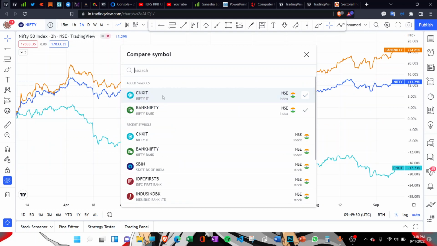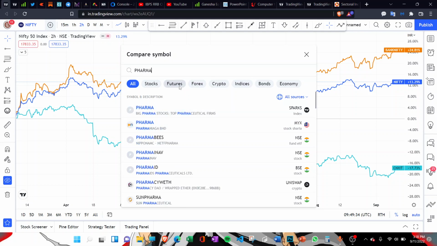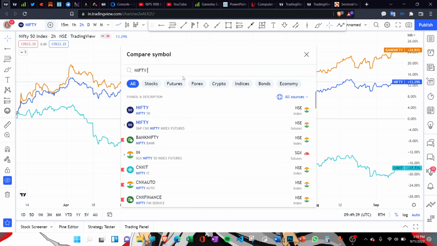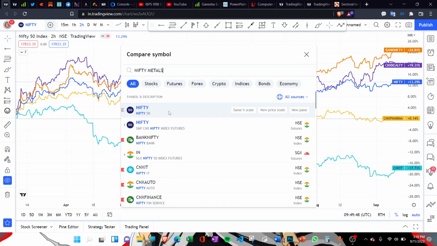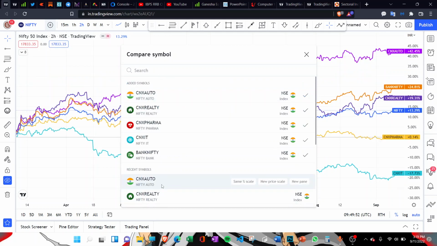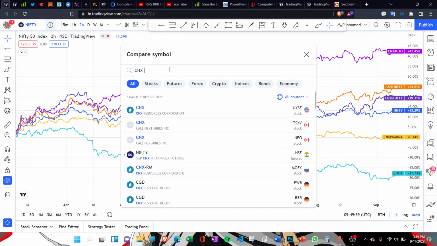Then we have the Nifty Pharma index. Then we have the Nifty Realty. Then we have the Nifty Metal index. I haven't added auto yet, so we have the auto index. Then we have the metal index.